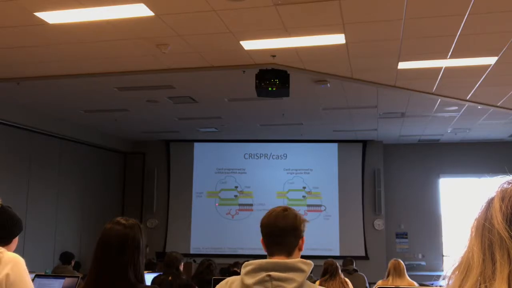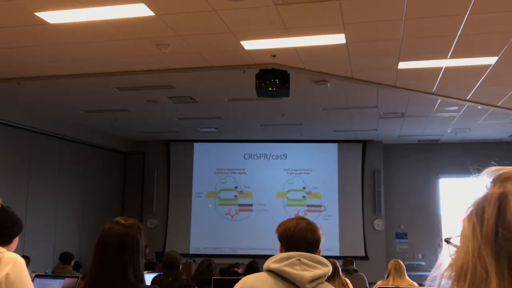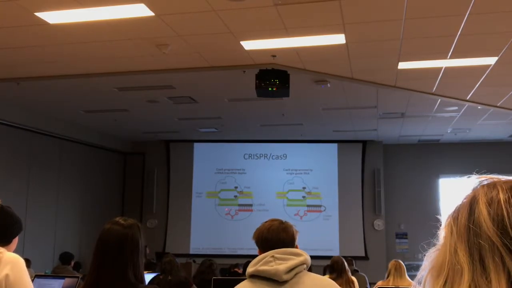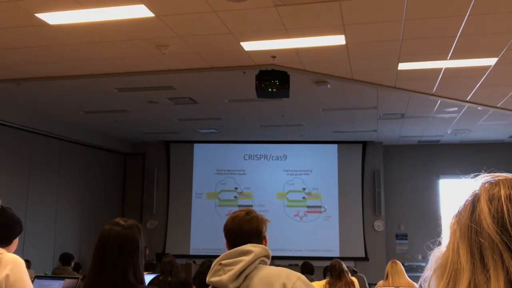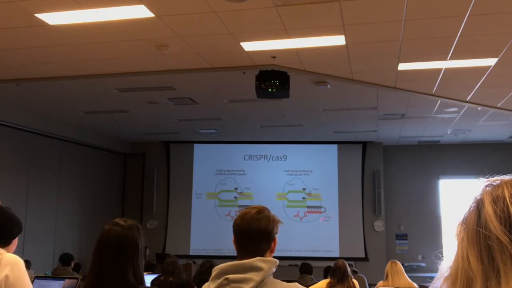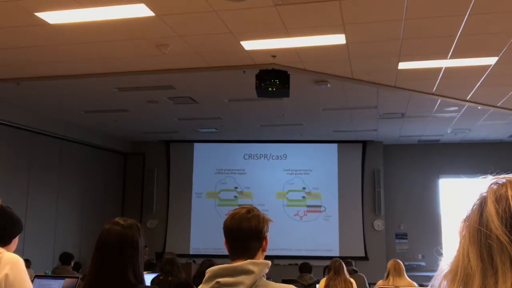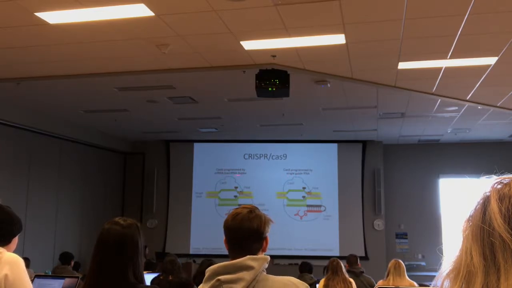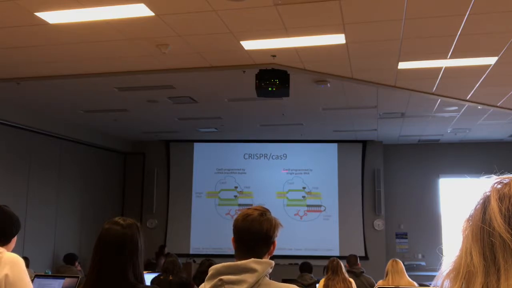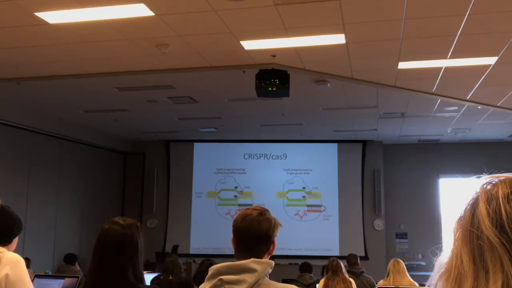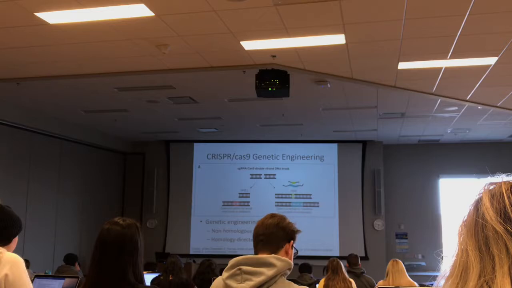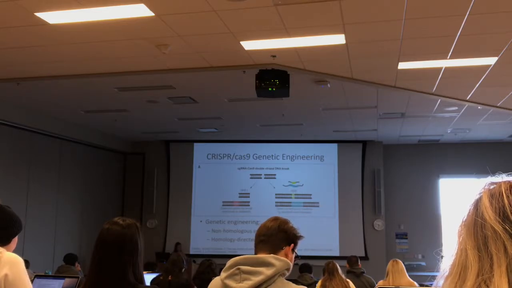So instead of supplying DNA to make a CRISPR RNA and supplying DNA to make a tracer RNA, you supply a DNA sequence that's modified with a few nucleotides here to make a linker loop region. Right? It just makes it more efficient. So we have this linker, and that gives us a single guide RNA. So instead of having a CRISPR-tracer RNA duplex for genetic engineering, we use the single guide RNA to guide the Cas9.